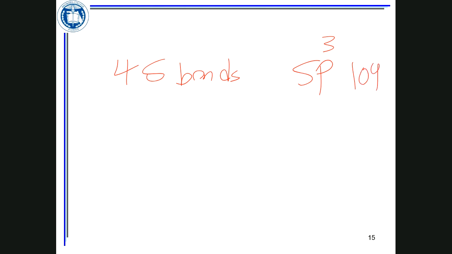So if you have 4 sigma bonds for carbon, the hybridization is sp3 and the bond angle is 109. If you have 3 sigma and 1 pi bond, it's going to be sp2 with about 120, sometimes it's 121, so it's about 120.